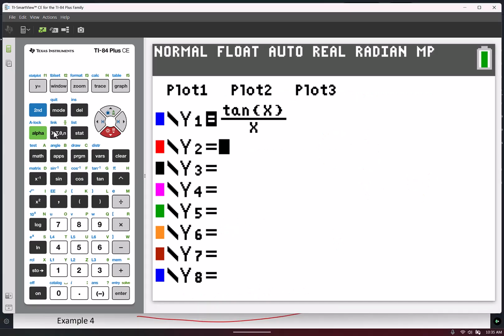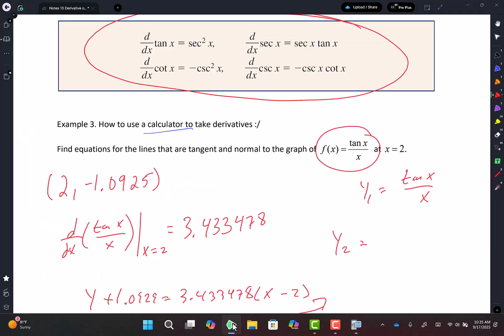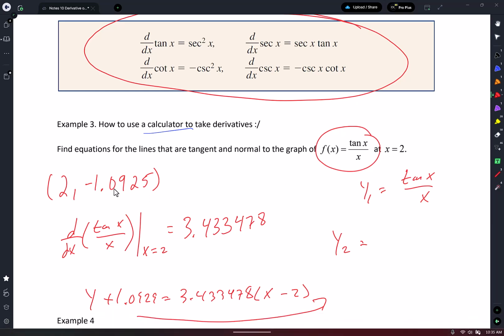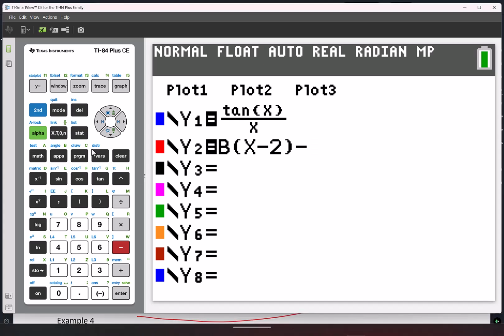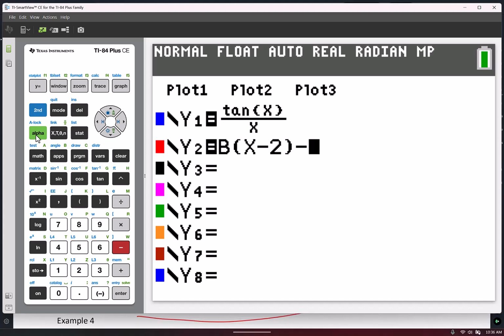At least I think I did, right? So I'm going to put alpha b, parenthesis, x minus 2, close, minus, and I think I have that 1.0925 saved as a, no? So I'm going to put minus a. Actually, plus a because my a is negative. Yeah, plus a because my a is negative, guys.